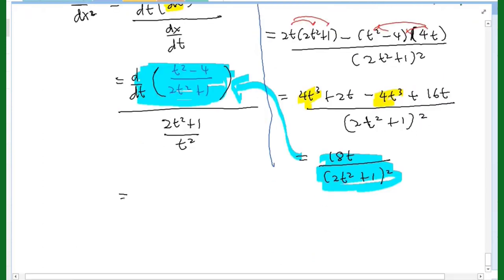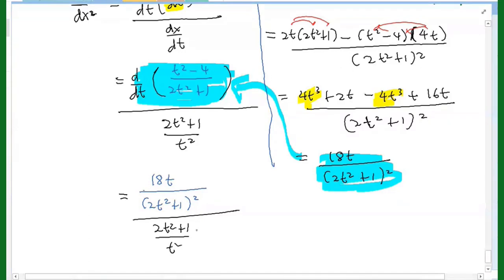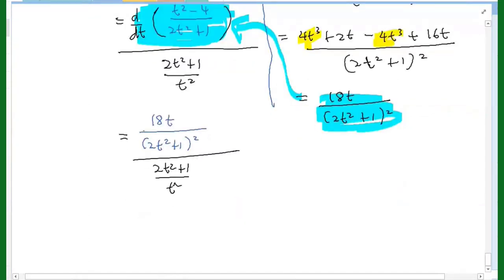Now we continue. This becomes 18t over (2t squared plus 1) squared, over (2t squared plus 1) over t. Okay, simplify. Your aim is just to simplify. It is equal to a over b, over c over d.